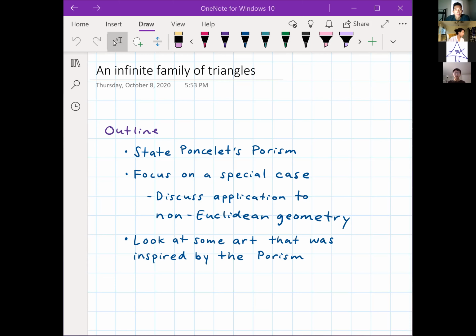We'll spend a good part of the talk discussing an application to non-Euclidean geometry, so I'll introduce some things from non-Euclidean geometry. Finally, I'll talk about why this theorem has stuck with me as a definitive favorite over the years, and we'll look at some art that I made that was inspired by the Porism.